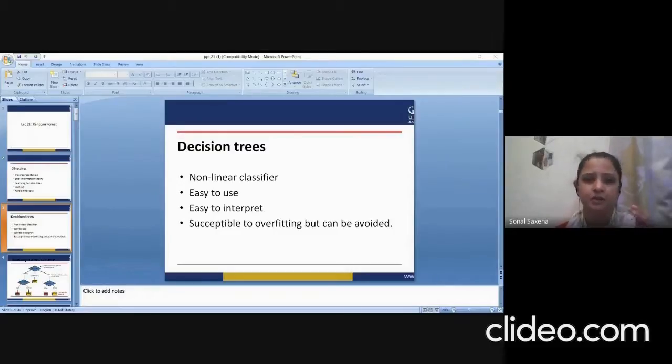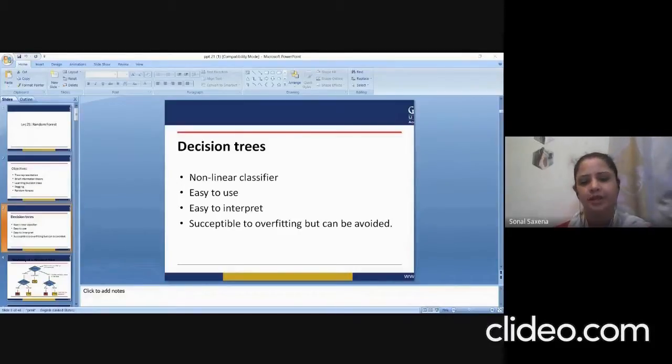Putting it very simply, random forest builds multiple decision trees and merges them together to get a more accurate and stable prediction. One big advantage of random forest is that it can be used for both classification and regression problems, which form the majority of current machine learning systems.